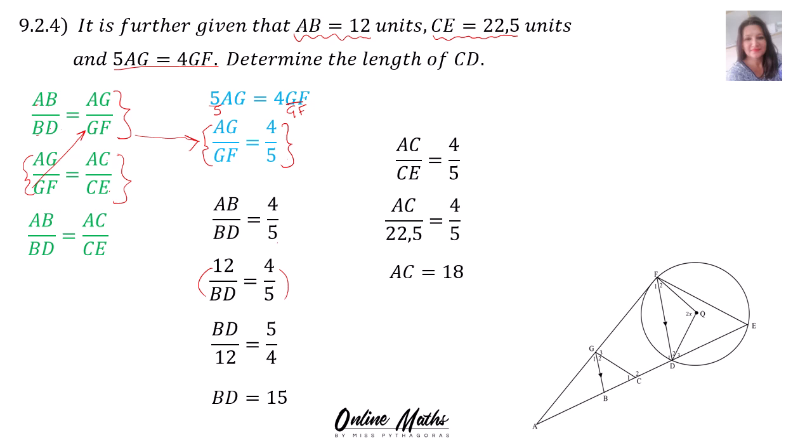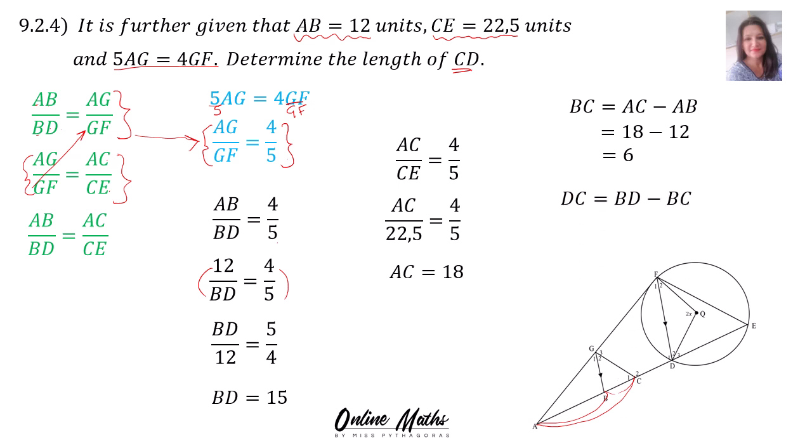But they want CD. So let's see. Do you agree? BC is equal to AC minus AB. Let me show you here. And AC is 18 minus AB, which is 12. So 18 minus 12 is 6.